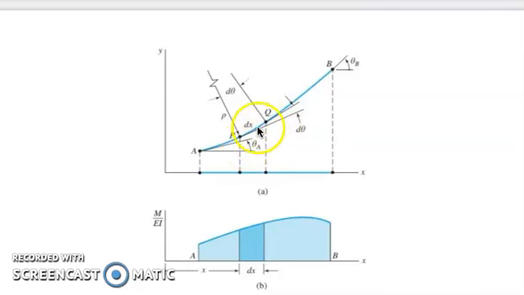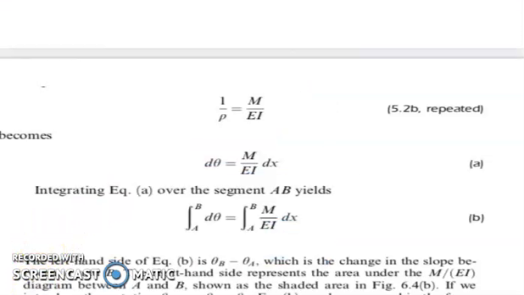Therefore, d theta will be equal to dx all over rho, which upon using the moment curvature relationship, 1 over rho equal to M all over EI, becomes d theta equal to M all over EI dx.